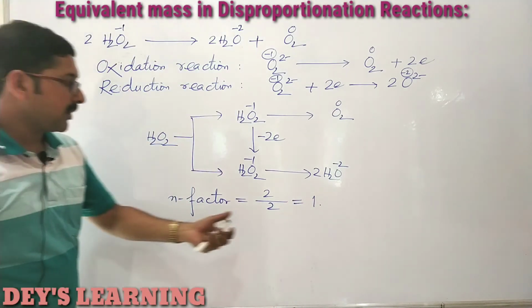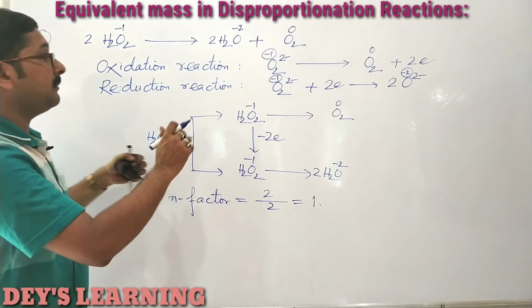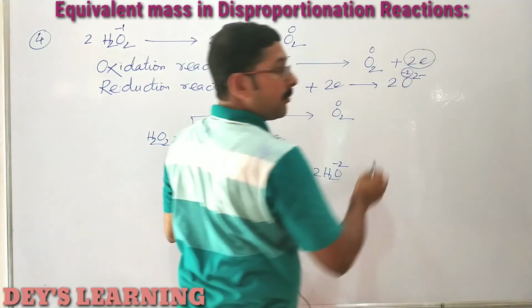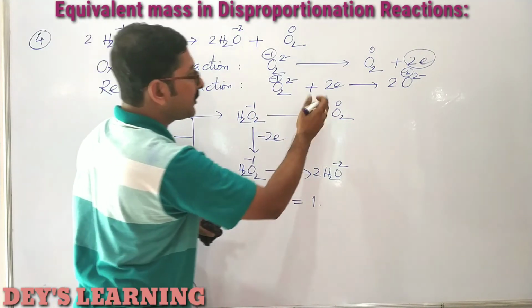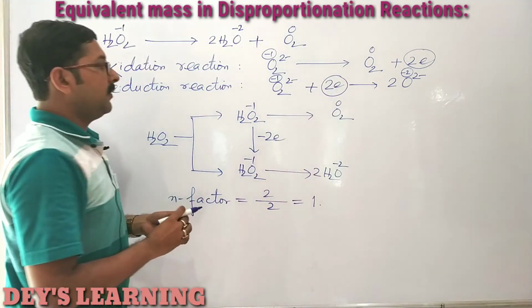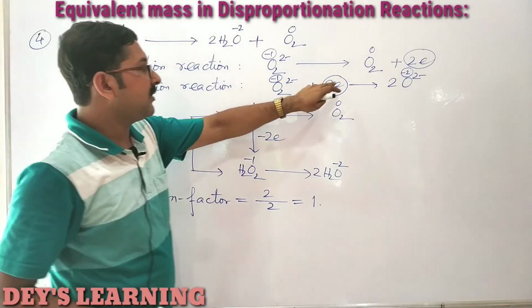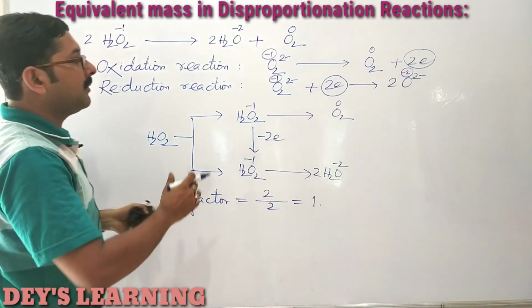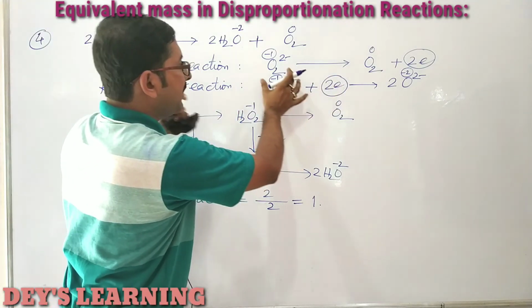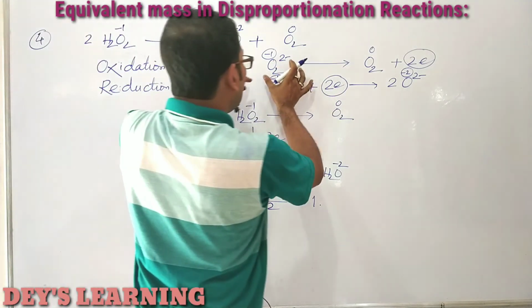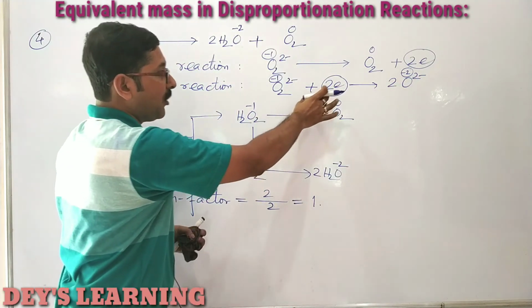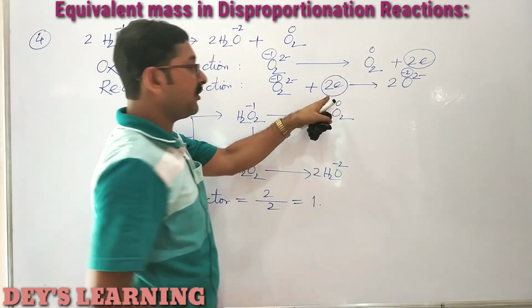This is a very important reaction. Look here again. When H2O2 is oxidized, 2 electrons are involved, and when H2O2 is reduced, 2 electrons are involved. That is, when H2O2 acts as a reducing agent, its N factor is 2. When H2O2 acts as an oxidizing agent, its N factor is 2.